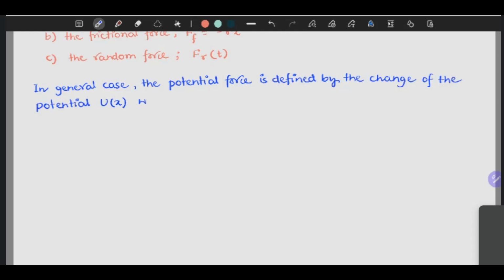When the particle is displaced by an amount dxi.